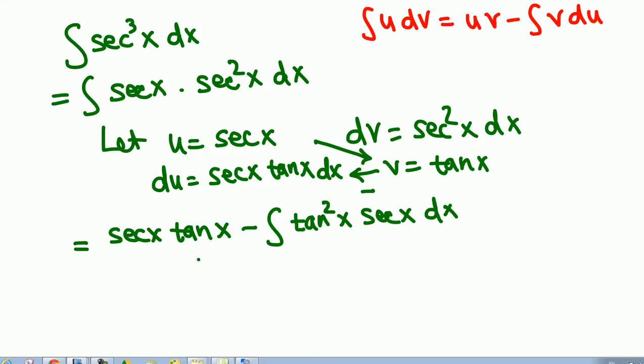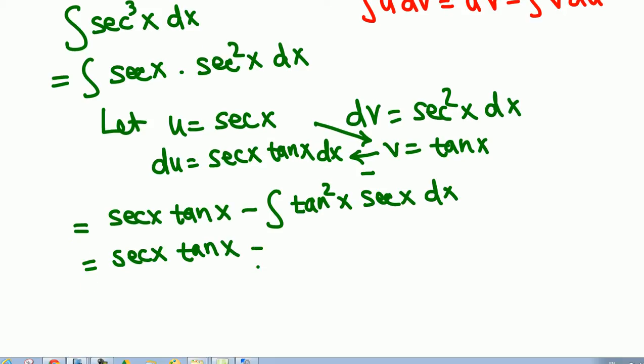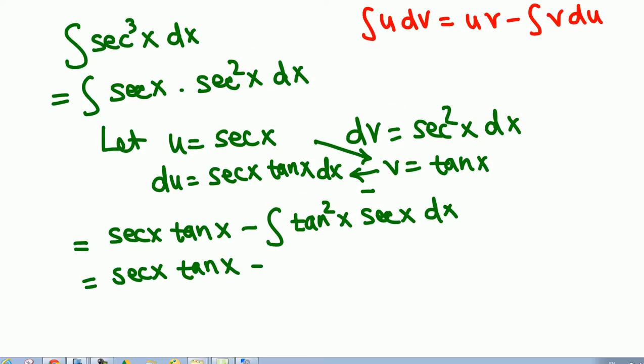Now we need to work on this. This part is good, secant x tangent x minus this integral. If we say tangent is u, then the derivative of tangent is secant squared, but we don't have secant squared here, so the simple u substitution is not going to work.